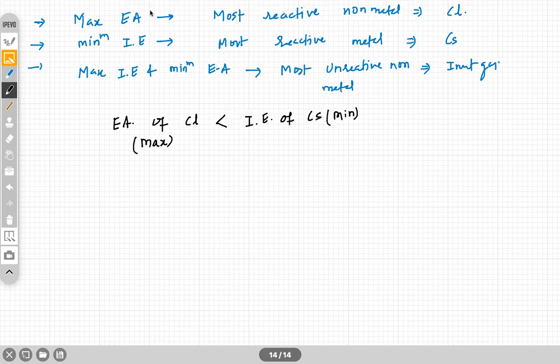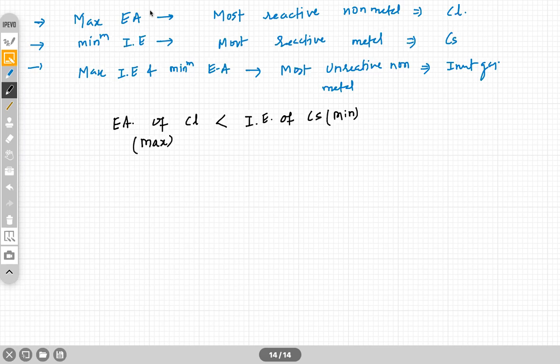So we have discussed ionization energy and electron gain enthalpy, electron affinity, correct? Okay. Now, a few properties related to these two things, we'll discuss that later also. Like tendency to lose electron is nothing but the metallic nature, right? Metallic property is the tendency to lose electron, correct?